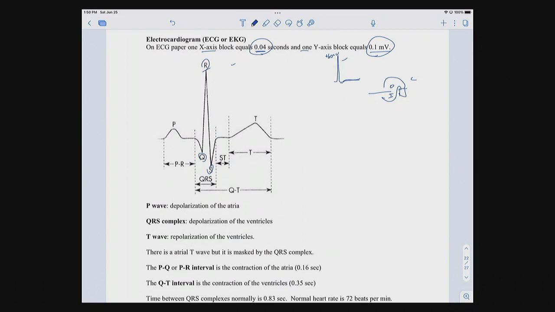This will help you get a sense of scale. So let's have a baseline here. Okay, so make that the baseline. The distance from here to here is about 1 millivolt. And of course, you have the same thing down here, again 1 millivolt.